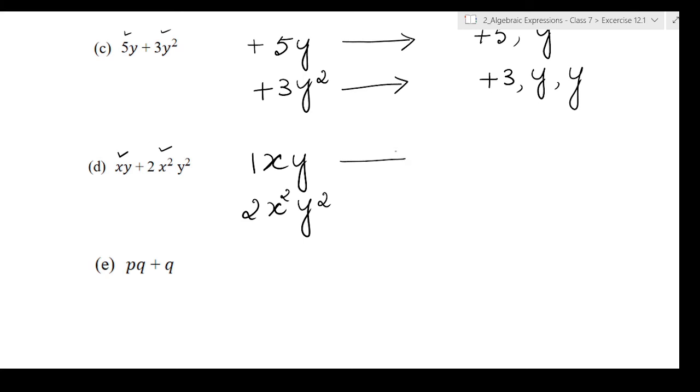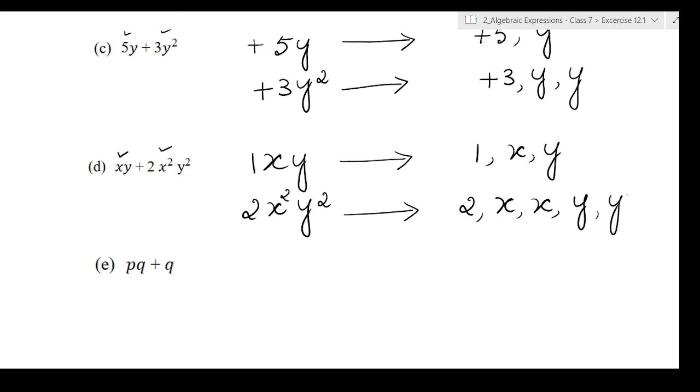So what are the factors of 1xy? It is 1, x and y. What are the factors of 2x square y square? It is 2. x square is x into x, right? y square is y into y. These are the factors.